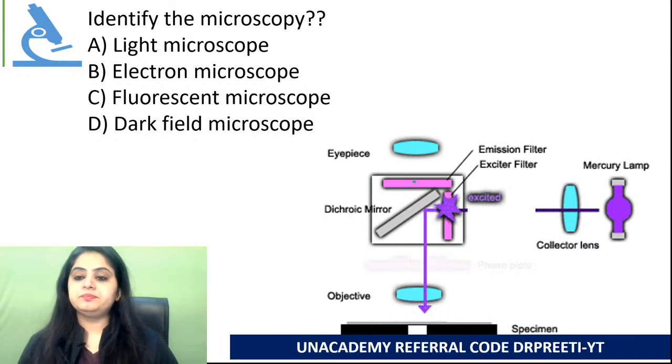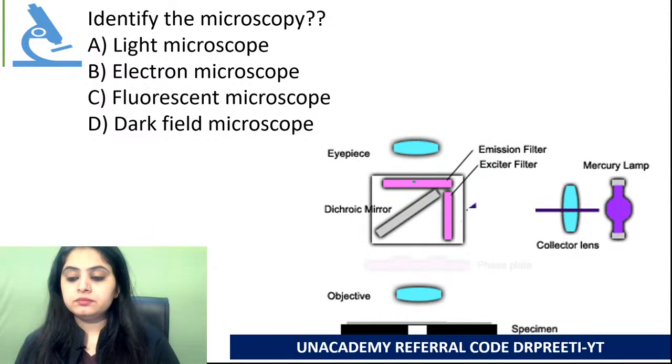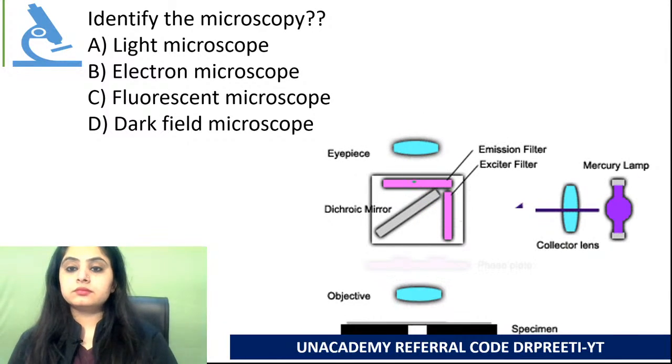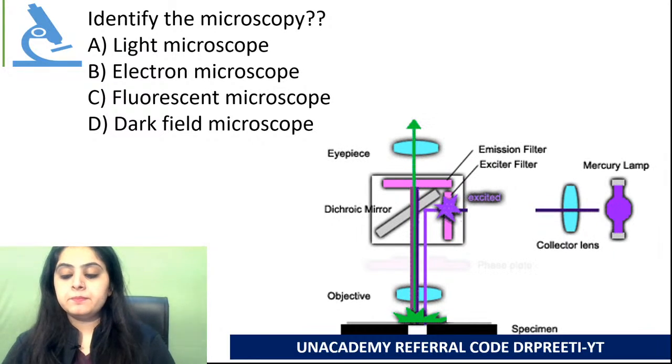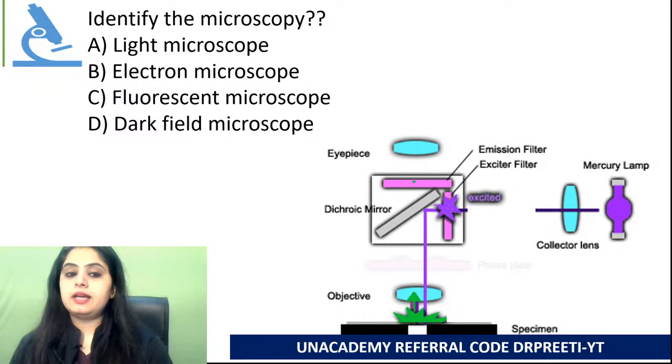Coming to the next one. You have to identify the kind of microscopy that is shown in this GIF. So you have some mercury lamp, and from that mercury lamp you are getting some light, getting excited from the filter, hitting a dichroic mirror, getting reflected to some sample.